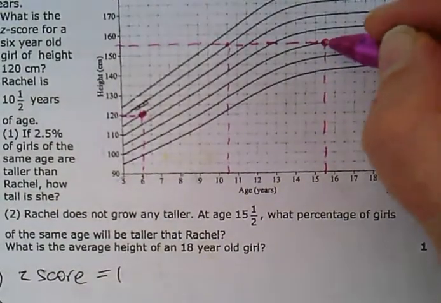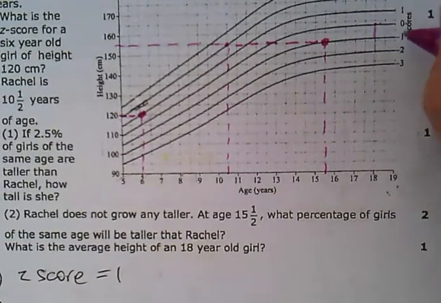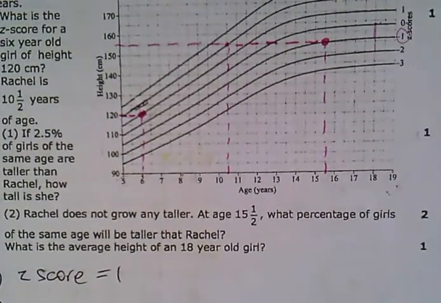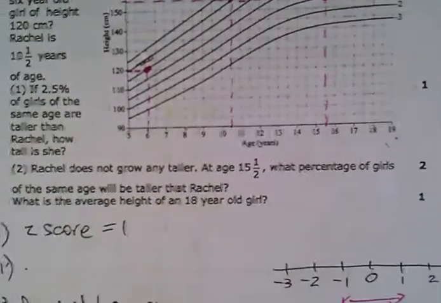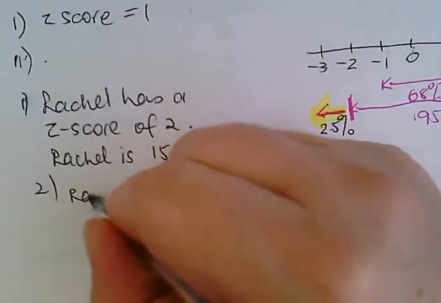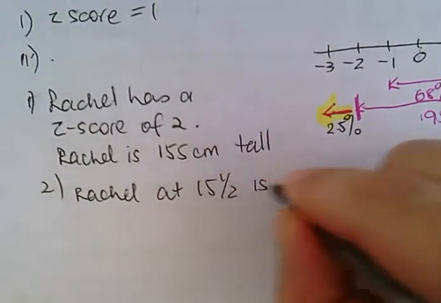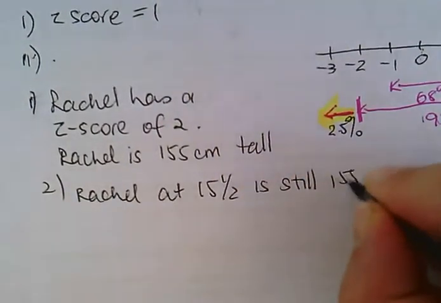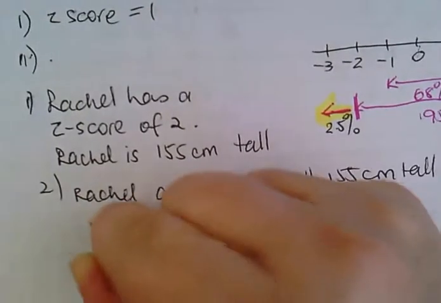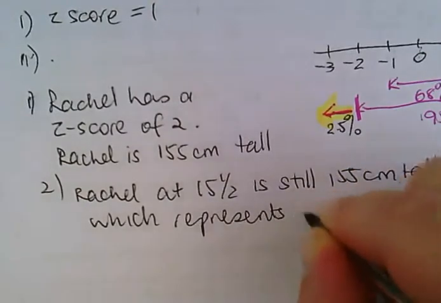At 15.5, she is the same age. She now has a Z-score of -1. So, I need to have a Z-score of -1 for her. So, Rachel at 15.5 is still 155 centimeters tall, which represents a Z-score of -1.